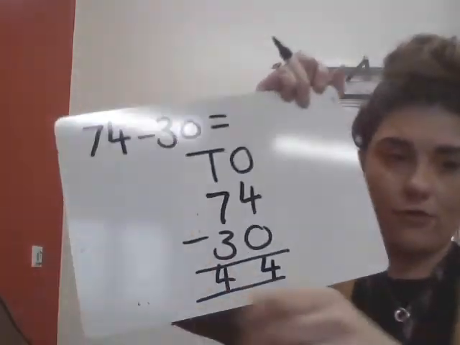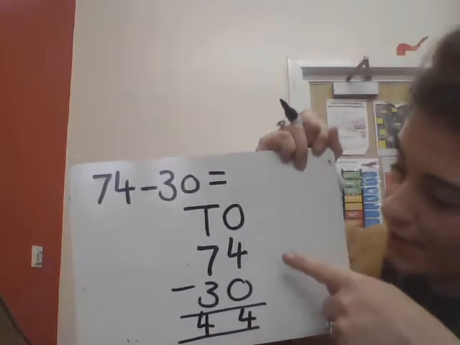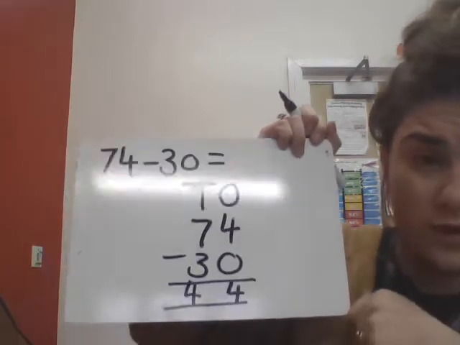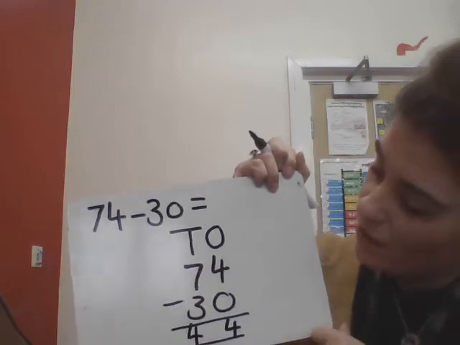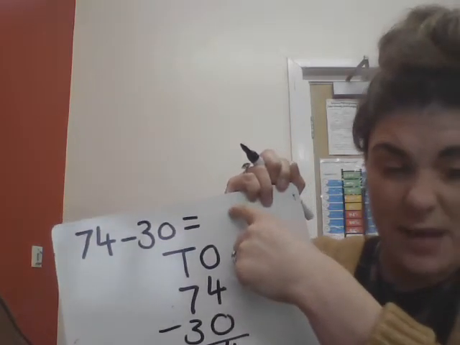And then you can tell your grown-up what our answer is. So I did 4 take away 0 is 4, 70 take away 30 is 40, but of course I don't write the 0, that's hiding here. 7 tens take away 3 tens is 4 tens, 44. And my answer will be just the same here as well. So it's the same problem, but just written using a different method.